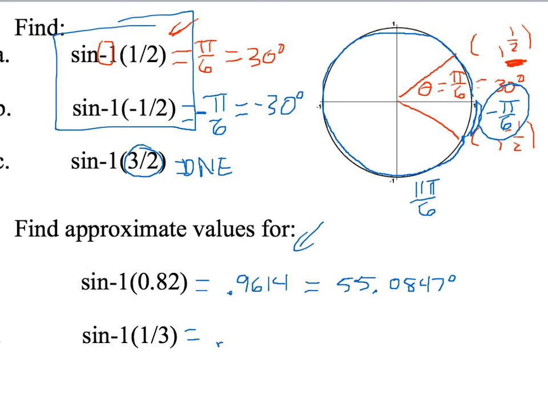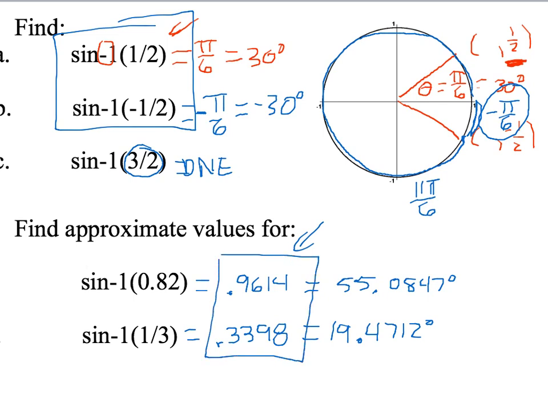And in radians, I'm going to get 0.3398 radians, which is approximately 19.4712 degrees. Now the context of the problem will tell you what we should be in, but like I said before, radians is probably what we should be using most often.